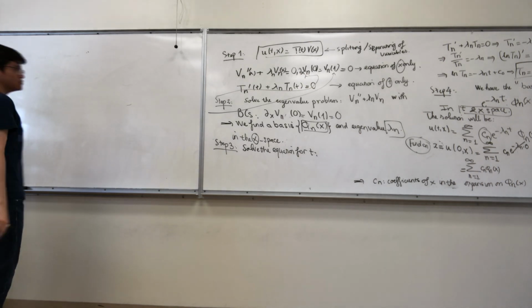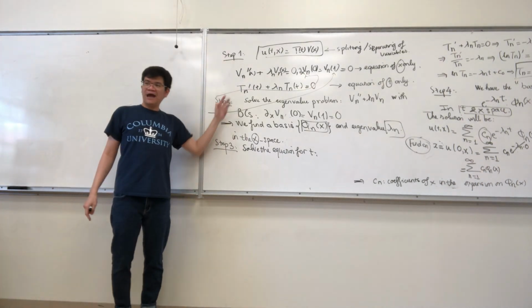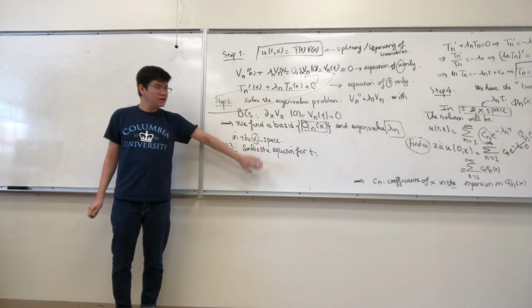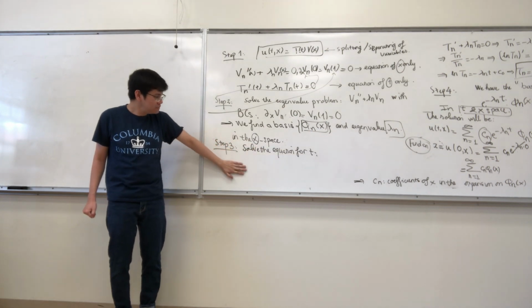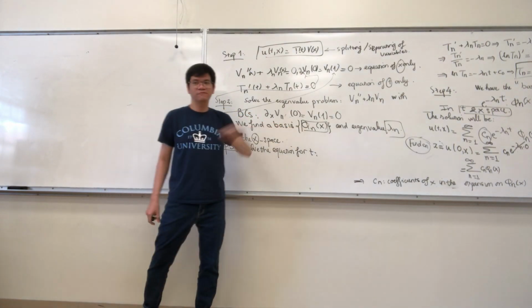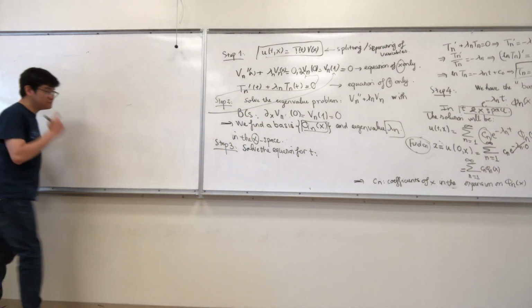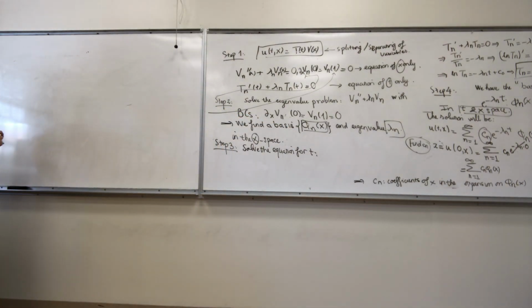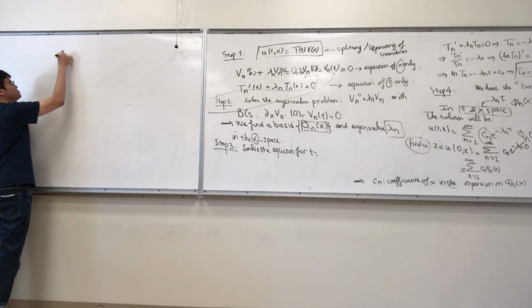So now let us try to solve. After you understand the scheme, what I'm trying to do now is solve step number 2 and step number 4. So step number 2.